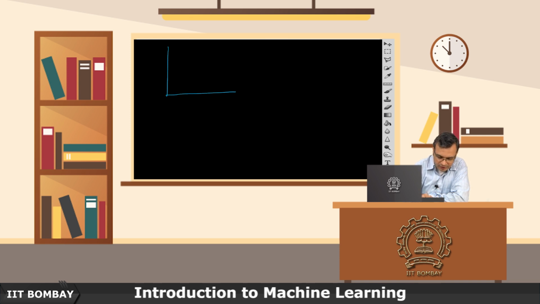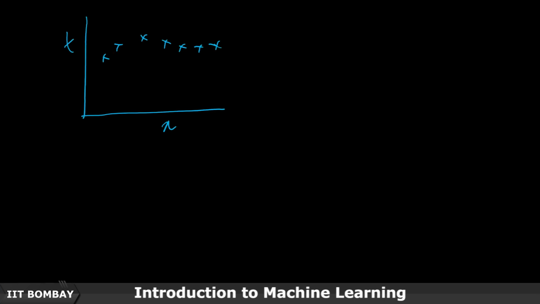So we have x and we have t, and we have different samples of x and t. If we have a functional form for y, and that functional form is such that it can only model certain types of functions, for example, it can only model a function like this, no matter how hard we try to fit y to t, this is your y(x), y as a function of x or f(x).